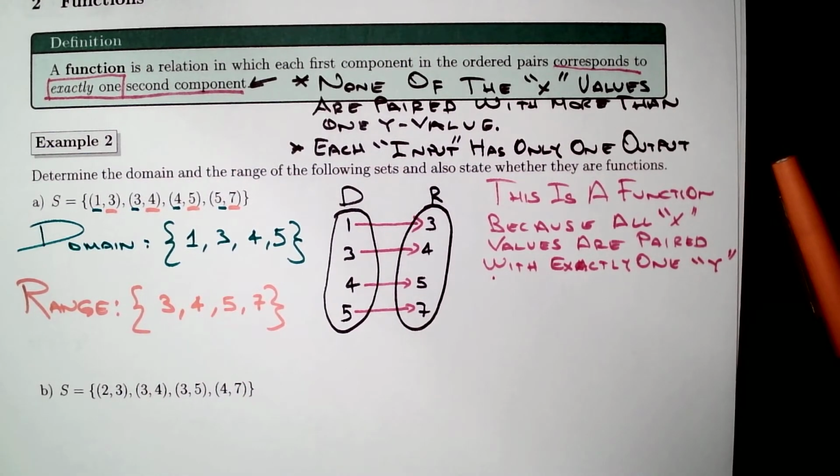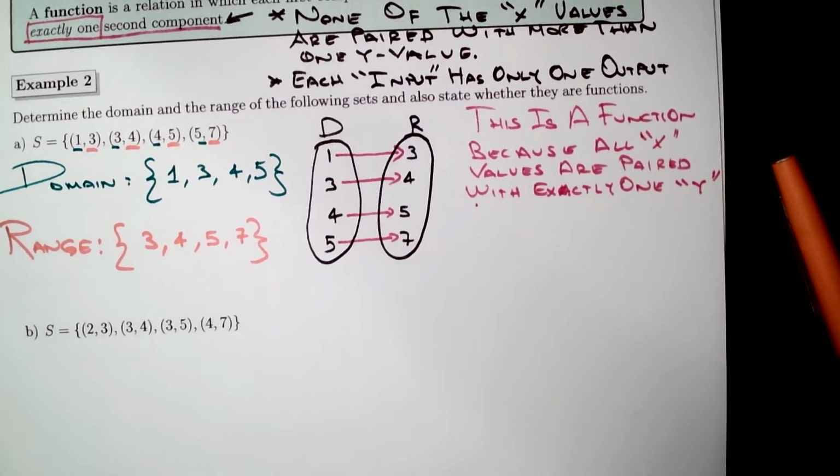This is key: exactly 1 element in the y values. Let's look at the next example.